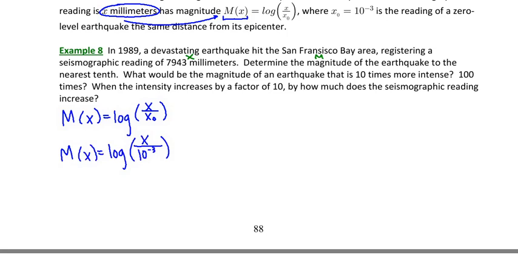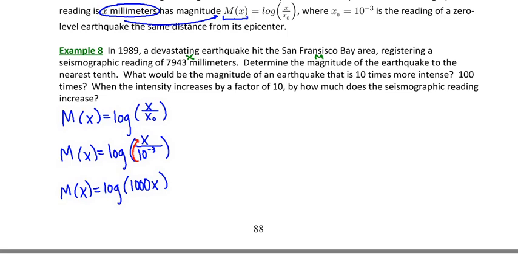Before we answer the question, let's take that 10 to the negative 3 out of the denominator and give it a positive exponent. So we can call that 10 to the third power, or 1,000, times x in the numerator. So, two steps there: I took 10 to the negative 3 out of the denominator and into the numerator as 10 to the positive 3, and 10 to the third power is equal to 1,000.